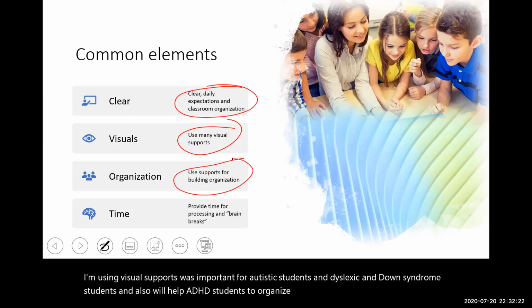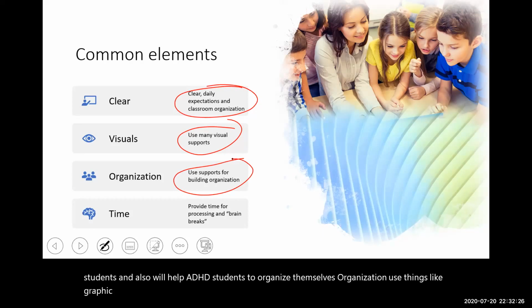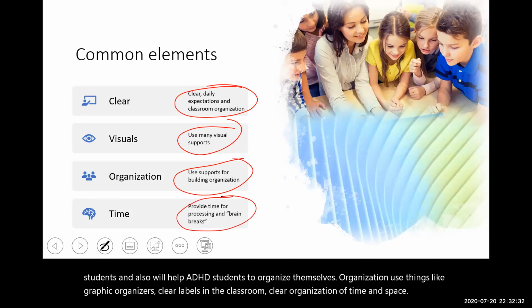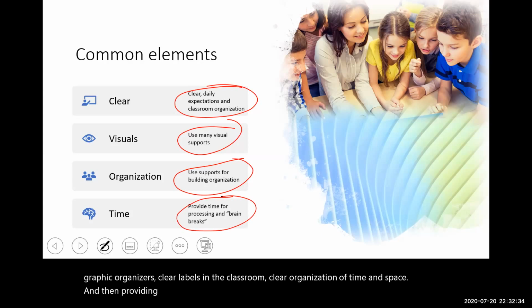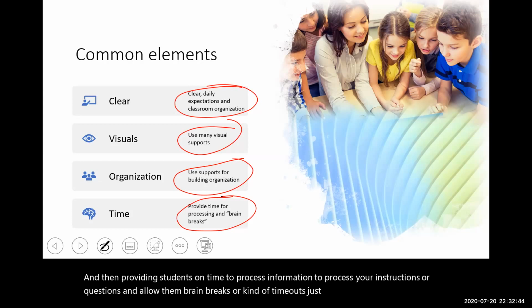Organization: use things like graphic organizers, clear labels in the classroom, clear organization of time and space, and then provide students time to process information, to process your instructions or questions, and allow them brain breaks or kind of timeouts just to have a space where they can get through the day.